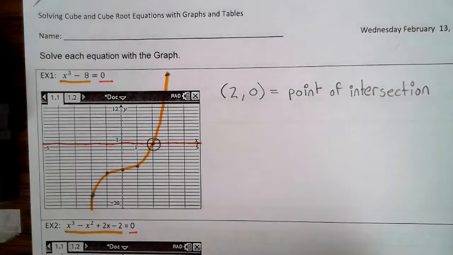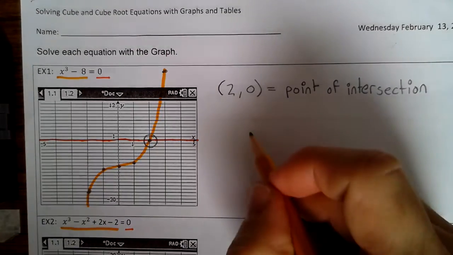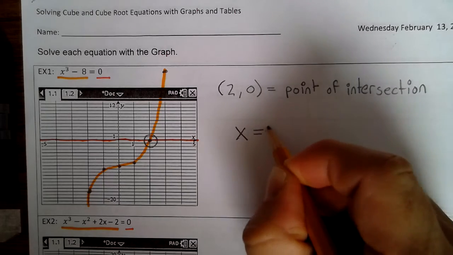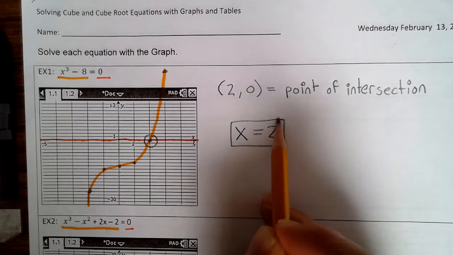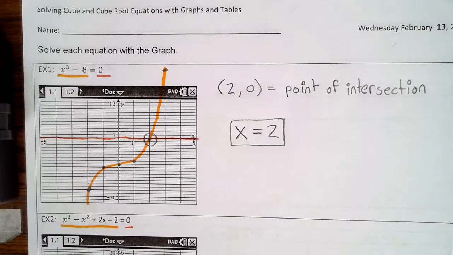Okay, and remember it's the x value that's your solution. So x equals 2 is your solution. All right, so if you would finish up example 1. All right, now example 1 is finished up.